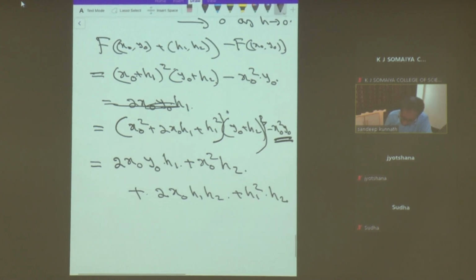So you can see that part is a linear functional in h, that is in (h1, h2).